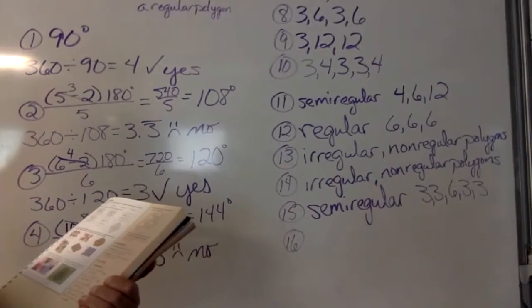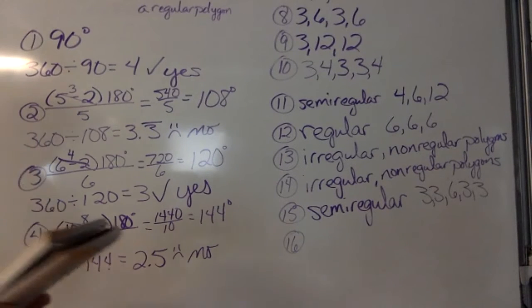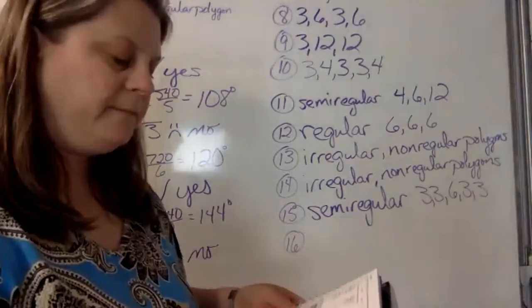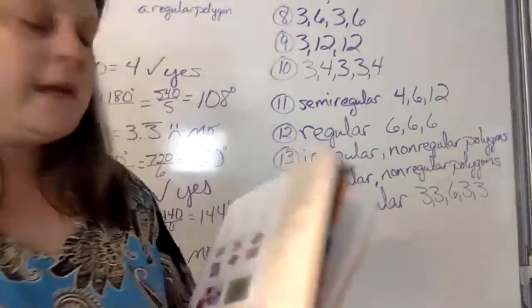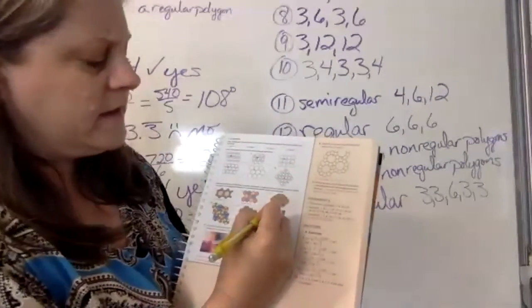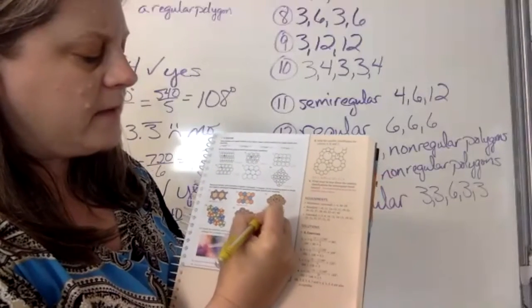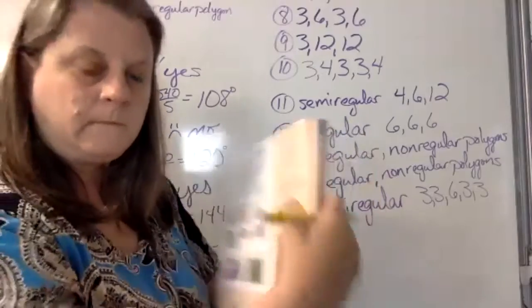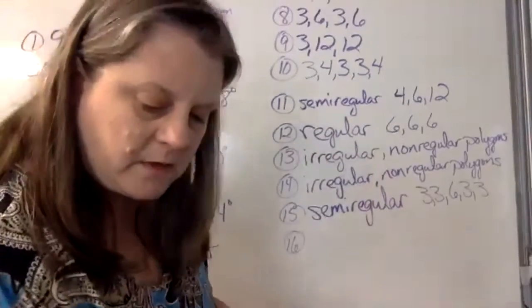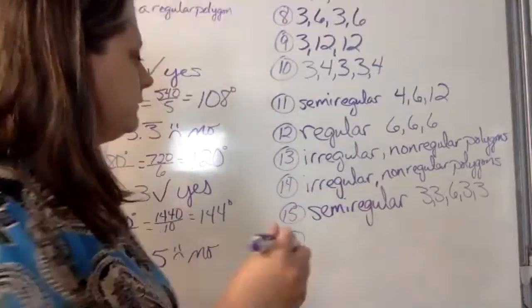Okay, last one of these, number 16. What shape is used in that? A square. When I look at one of the vertices here, how many squares meet there? 4.